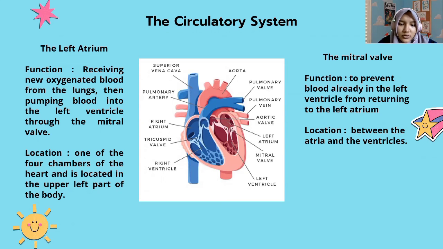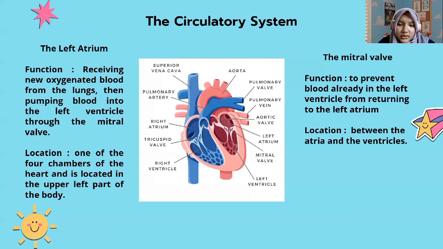The mitral valve, also known as the bicuspid valve or left atrioventricular valve, is one of the 4 heart valves. It has 2 cusps or flaps and lies between the left atrium and the left ventricle of the heart. The heart valves are all one-way valves allowing blood flow in just one direction.